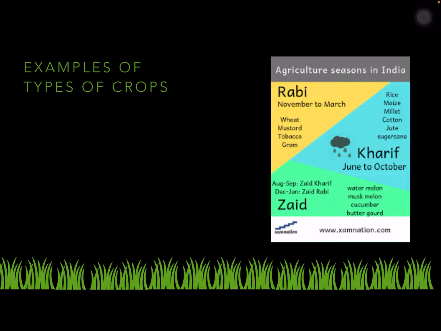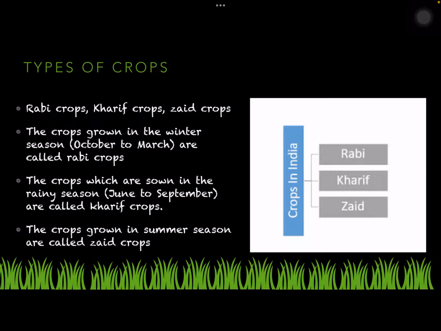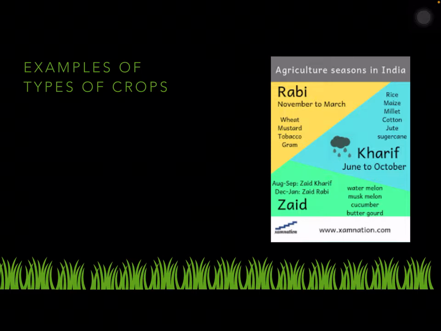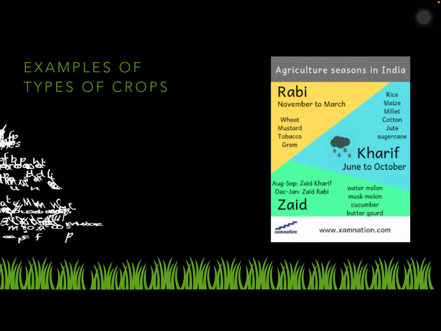Now examples of types of crops. Previously we saw the types of crops. Now we'll see what crops come under the types. So there are three major types as we discussed: Rabi, Kharif, Zaid.